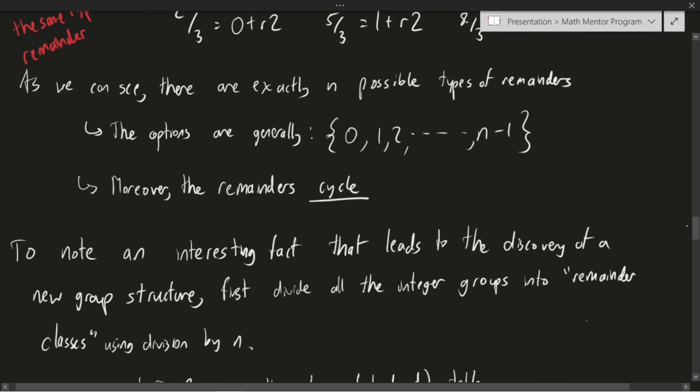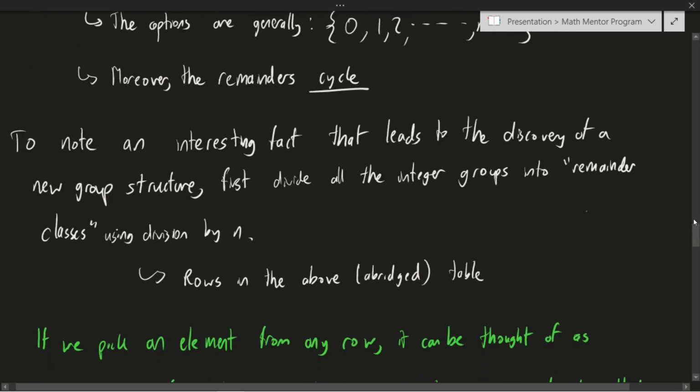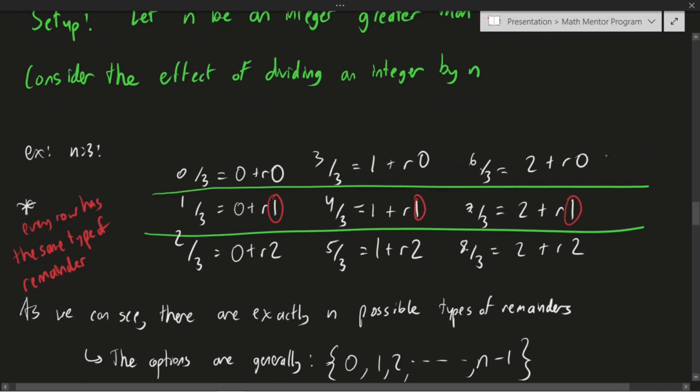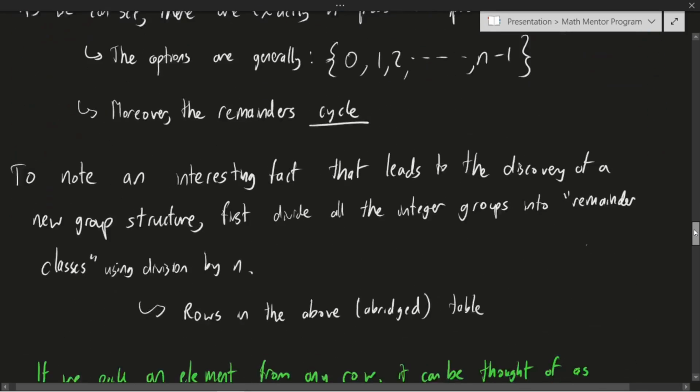Now, to note the interesting fact that will allow us to get our group structure, because right now I haven't actually defined a group structure yet, we are going to, again, take note of those rows, and we're going to call them now remainder classes, because they basically give us all the information that we need to know about our elements once we divide by this chosen integer n.